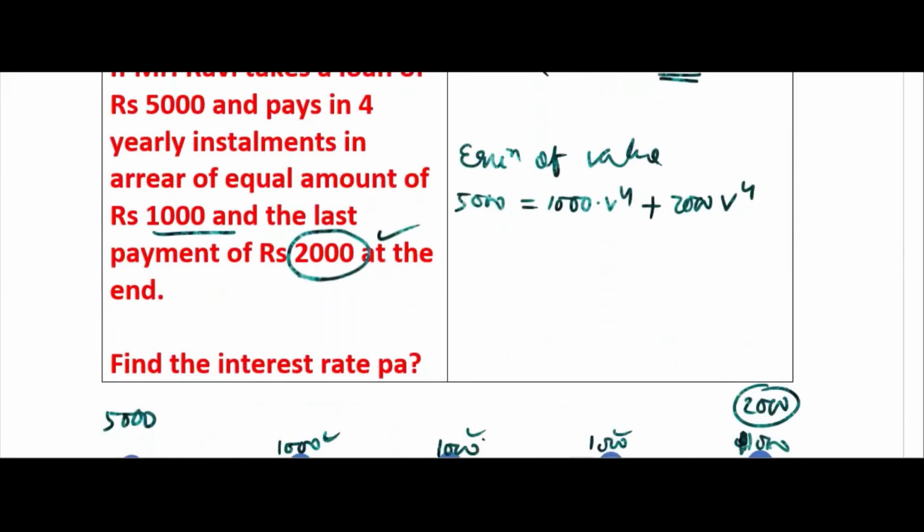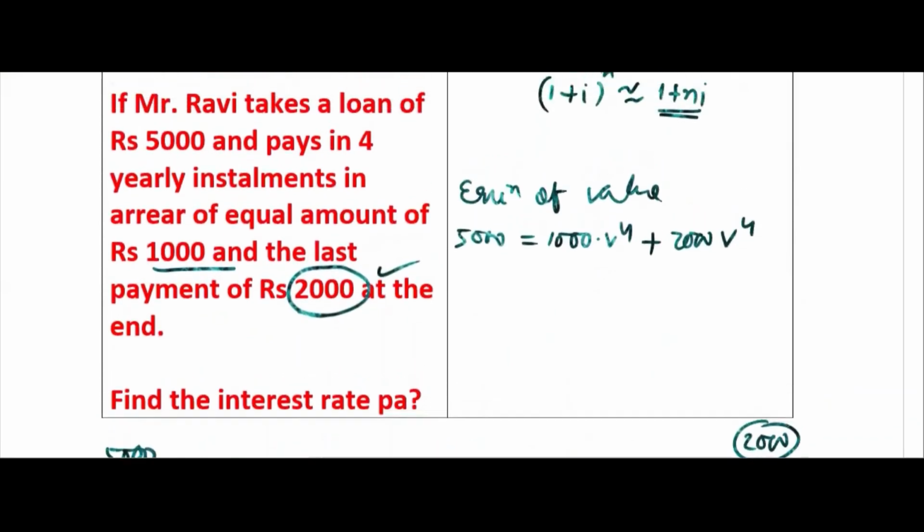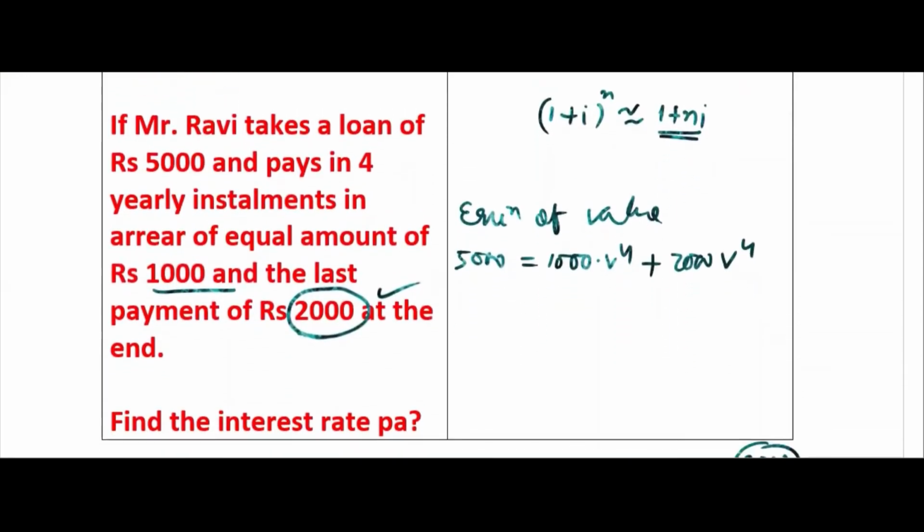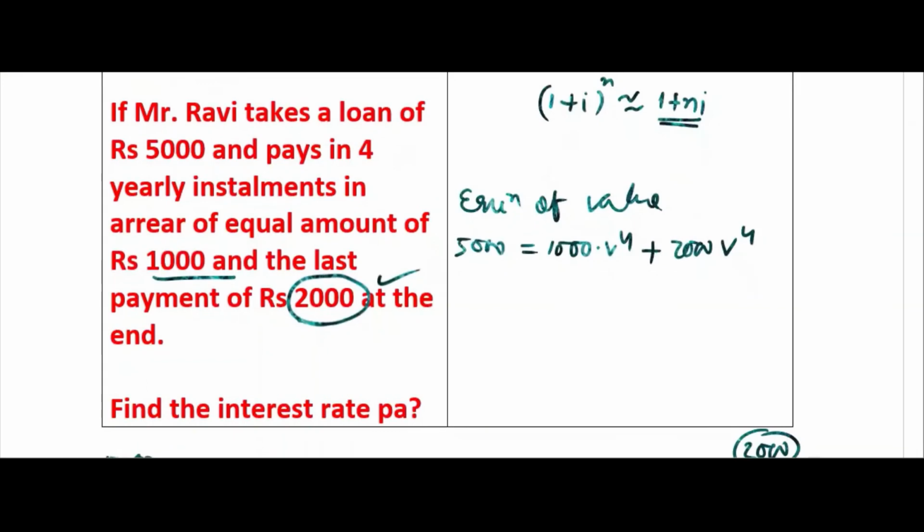Where is that? This one, the 1 plus ni formula. If you use that, this is not V4, right?